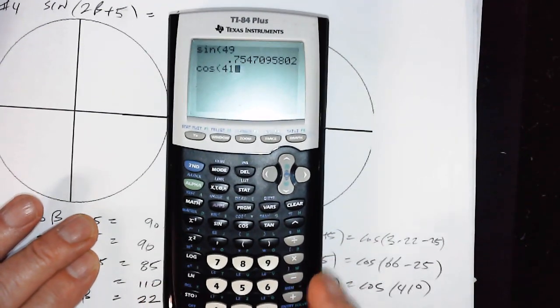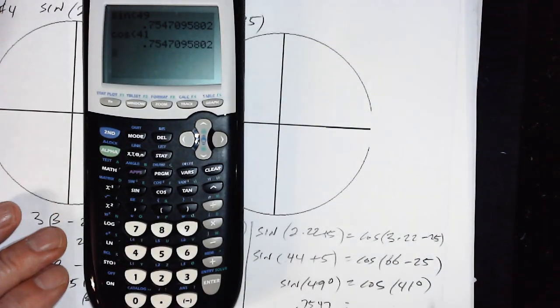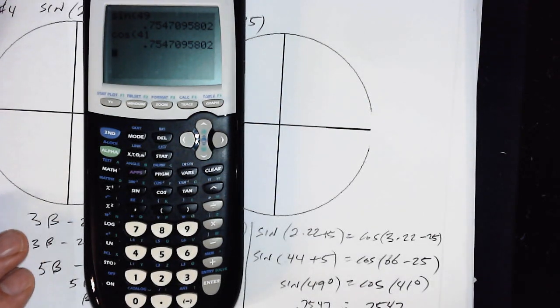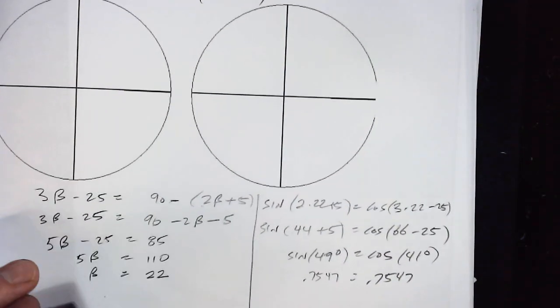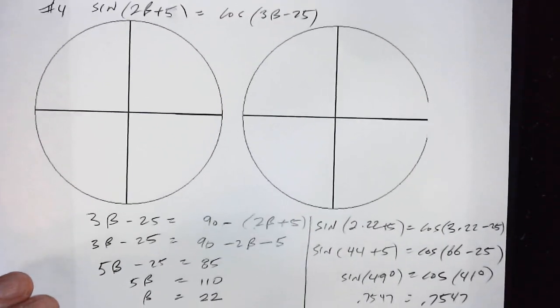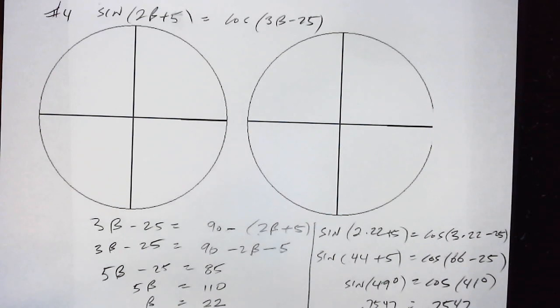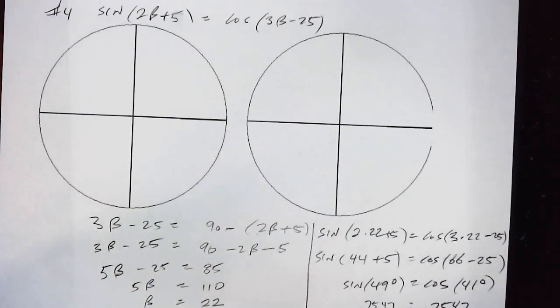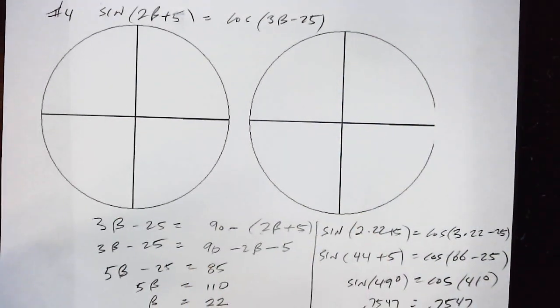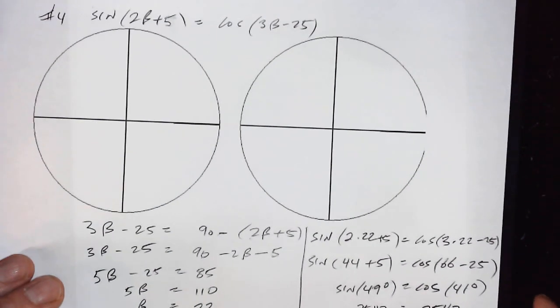Now the cosine of 41 is, well, of course it's the same, 0.75, just round it off like that. Now the point is, I want to make sure you can see everything here. That means this value of beta, 22, is correct, because I plugged it into the original equation that they gave us, and it came up with the things even.